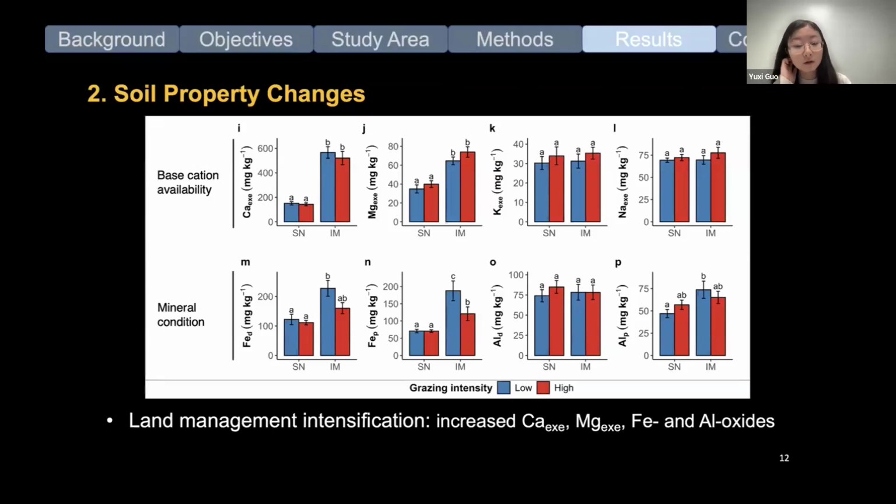And for the grazing intensity, it's pretty interesting with some interactions with land management. If we look at the bars of M and N, there are two forms of iron oxides. We can see the grazing intensification only reduced their contents in intensively managed pastures.